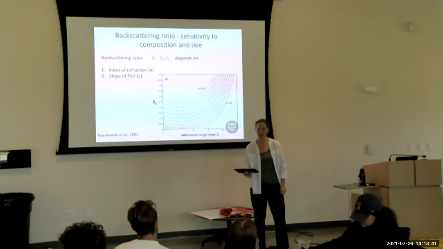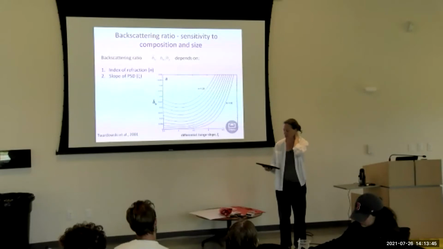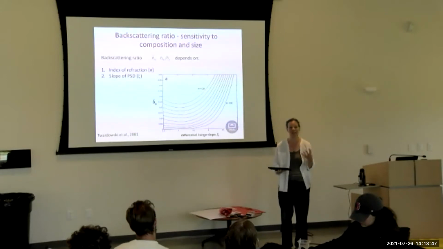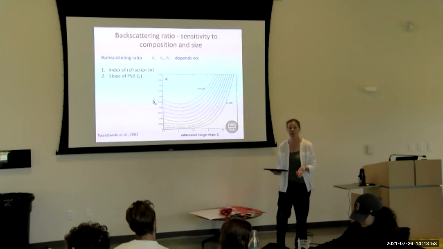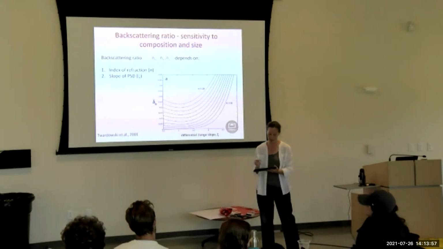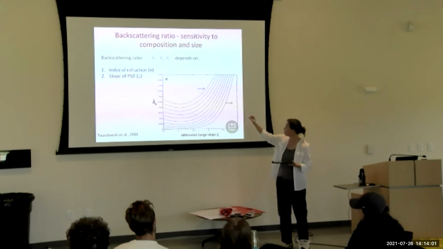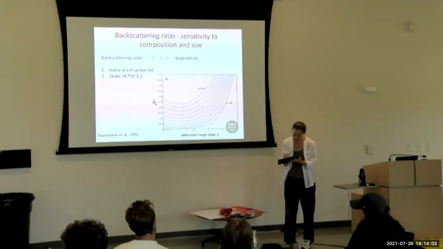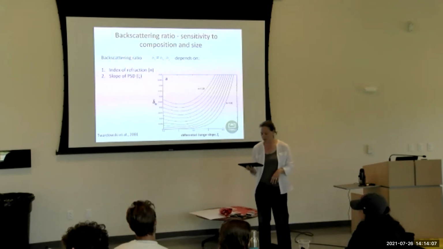Okay. So another result that comes out of Mie theory is that the backscattering ratio should have sensitivity to particle composition, the refractive index, and particle size. And we can actually compute the backscattering ratio. So b̃bp, there should be an equal sign right there that is missing, equals bbp over bp.